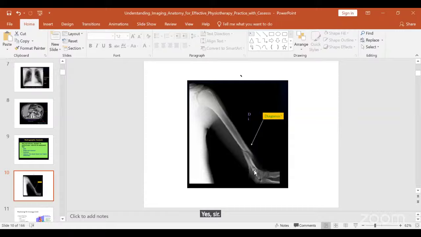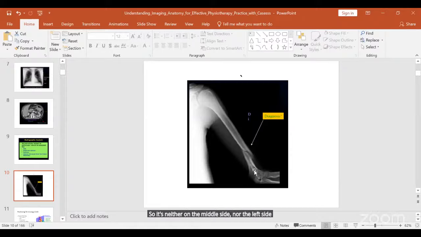Say it one more time, sir? There is a cortical discontinuity seen on the lower 1/3 of the shaft of the right humerus, extending bilaterally. So it's neither only on the medial side nor only on the lateral side.